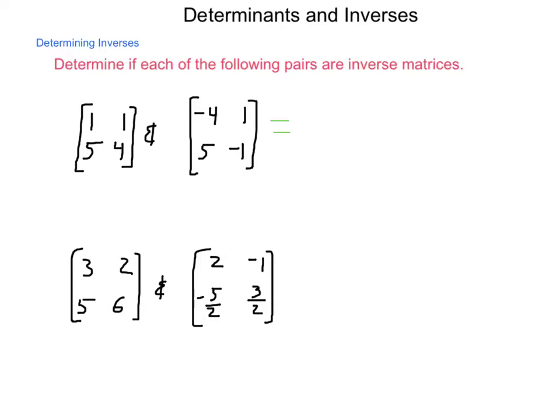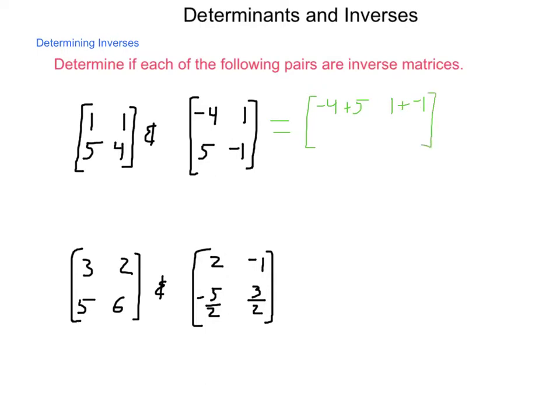Row 1 by column 1, I have negative 4 plus 5. So 1 times negative 4, then 1 times 5. Next, row 1, column 2, so 1 by 1, 1 by negative 1, that will give me 1 plus negative 1. Next, row 2 with the columns.